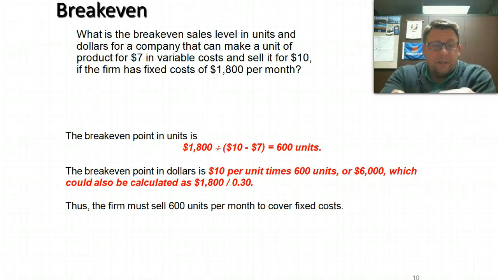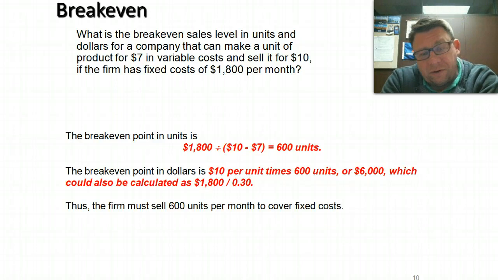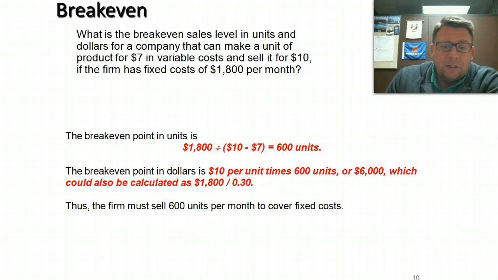And here's an example. Again, price is 10, variable cost is 7, and our fixed costs are $1,800 a month. So $1,800 a month divided by 3, our contribution margin per unit, means we have to sell 600 units to break even.